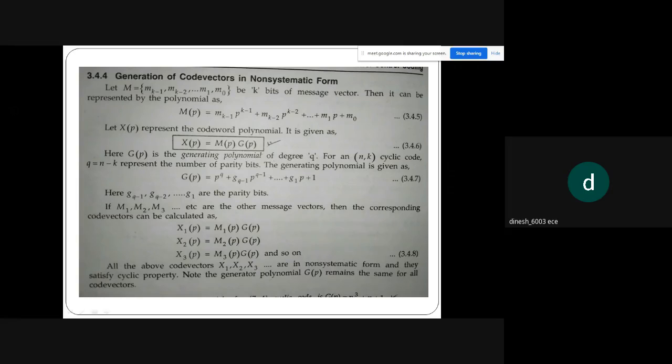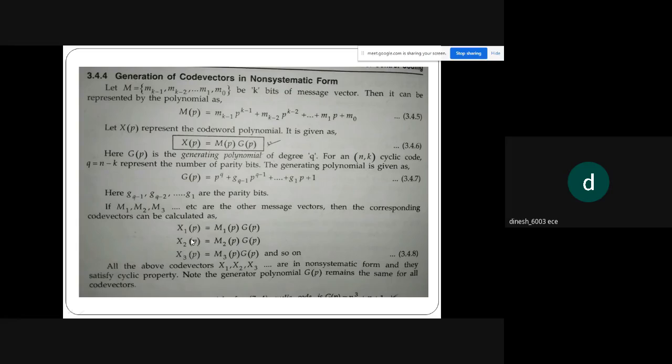So if I want to determine x1 of p, it can be obtained as m1 of p into g of p. If I want to determine x2 of p, m2 of p into g of p. If I want to find x3 of p, m3 of p into g of p, and so on.